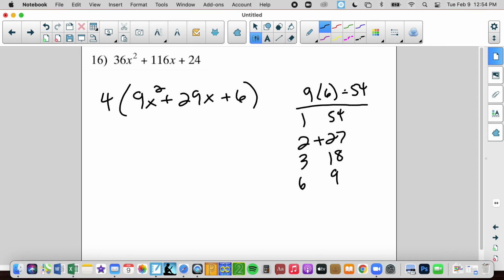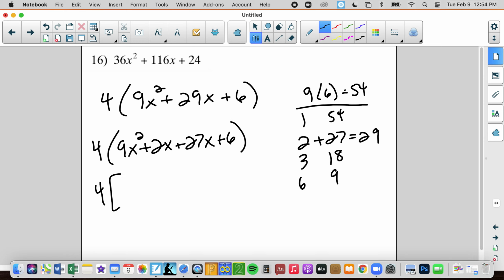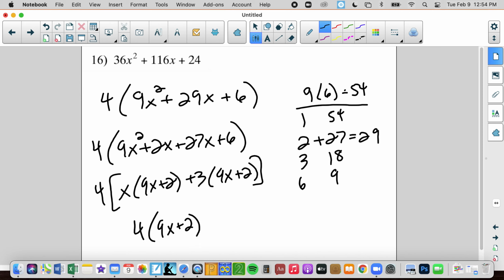What adds up to 29 are 2 and 27. 4 times 9x squared plus 2x plus 27x plus 6. Factor by grouping. I can take out an x. I get 9x plus 2. Factor a 3. And I get 9x plus 2. My answer is 4 times the quantity 9x plus 2, x plus 3.